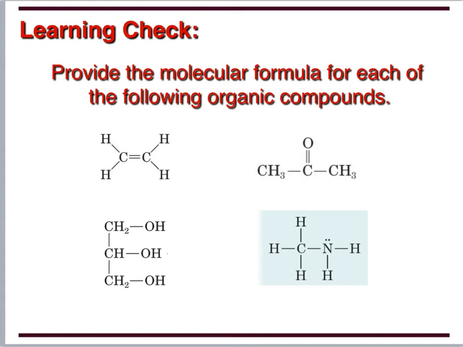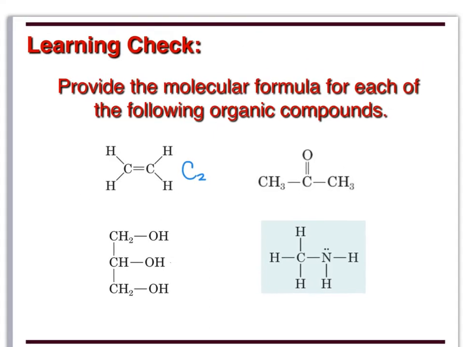each of these molecules. Okay, so the first one is going to be C2, because there are 2 C's, and H4. This one, again, we're just going to count. We've got 3 C's and 6 H's and 1 O. It generally goes in the order carbon, hydrogen, then oxygen.